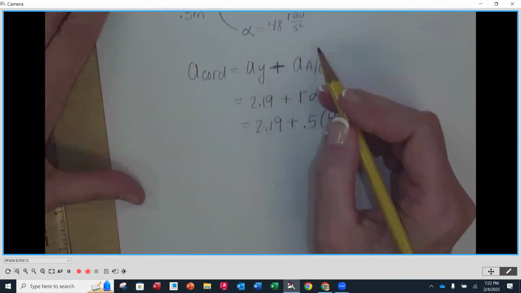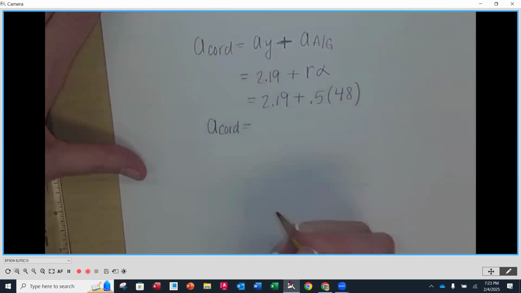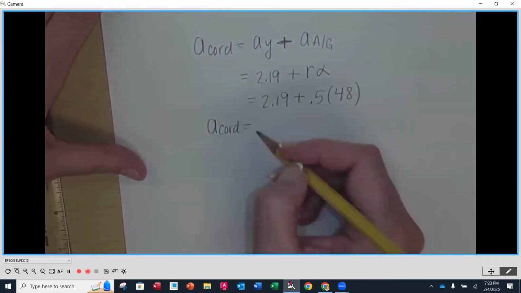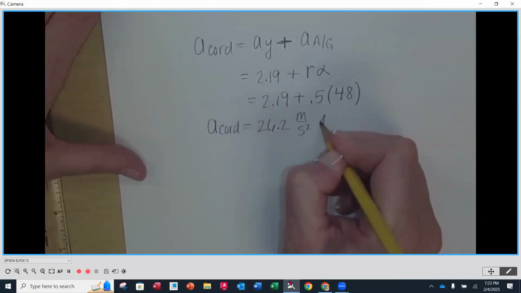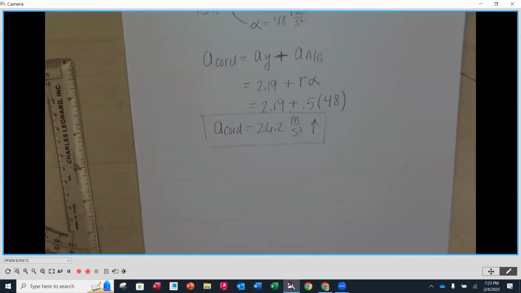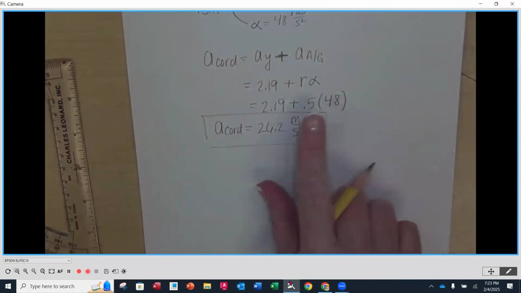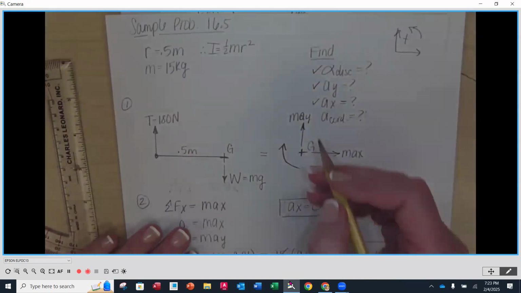Okay, so that's our alpha from up here. So the acceleration of our chord, if you multiply these out, you should get 26.2 meters per second squared going up. Yeah, because that would be 24 plus 2.19, so 26.2. And that's the last acceleration that we have.